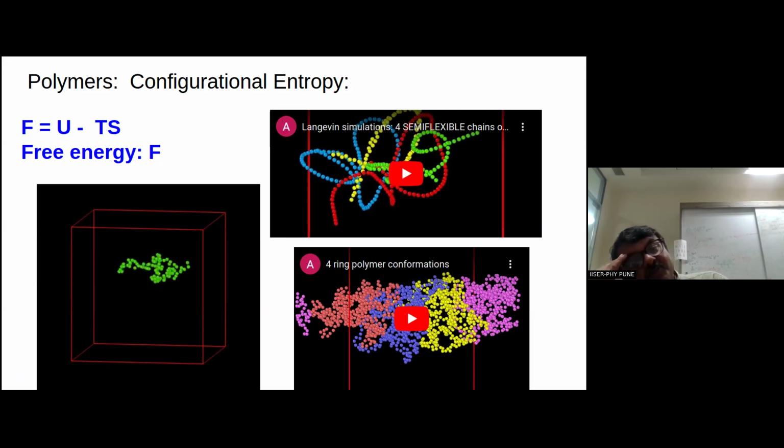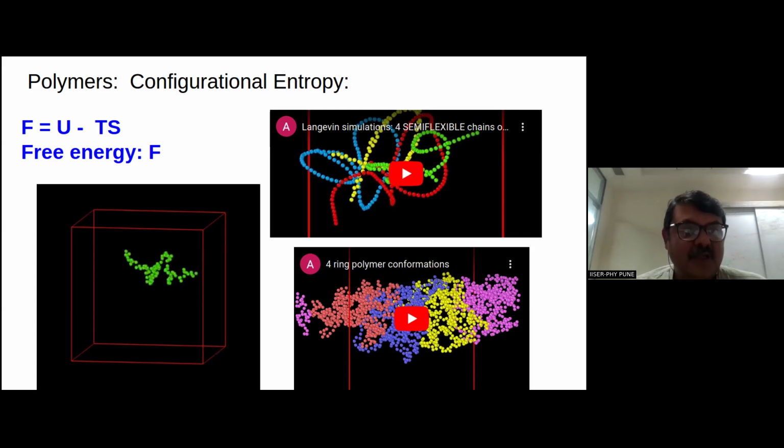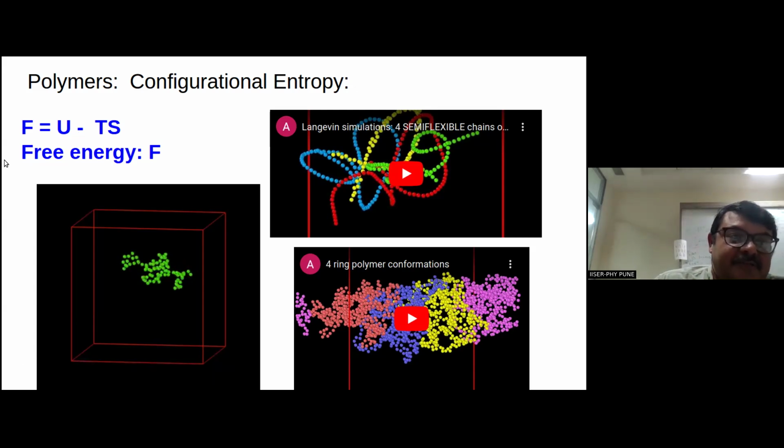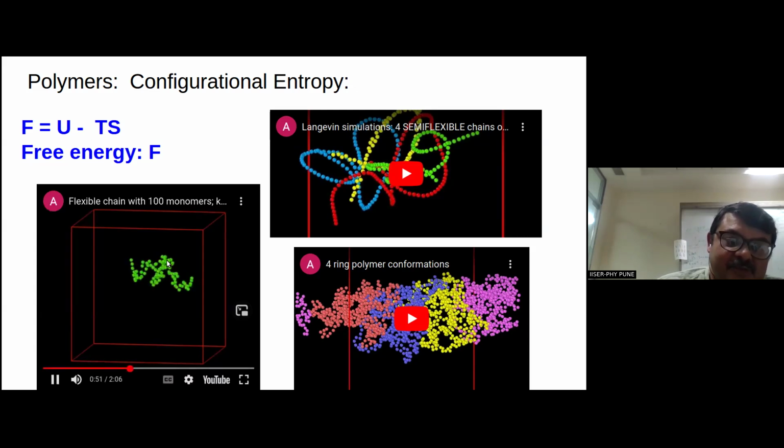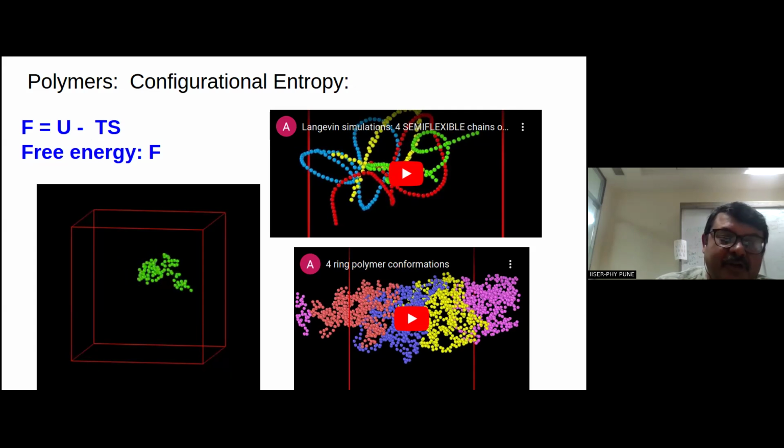And this large number of microstates is related to entropy. So this polymer has a huge amount of entropy. Free energy F is equal to U minus TS. The internal energy contribution is very minimal. At thermal k_BT, these harmonic springs are nearly of unit length.